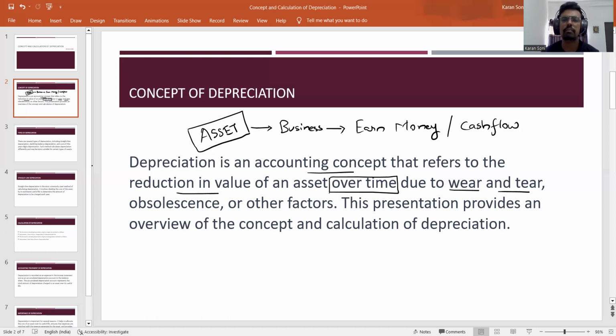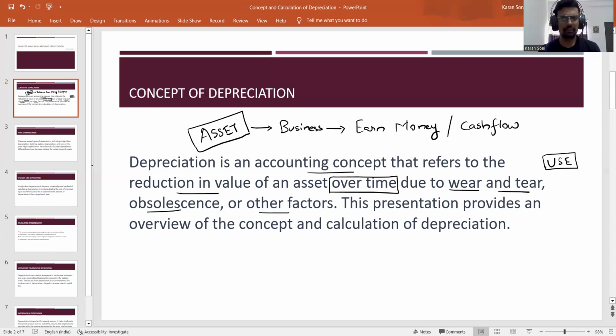I can say simply, due to use of asset, okay, or obsolescence and some other factors. Now this presentation provides you an overview of the concept and calculation of depreciation.